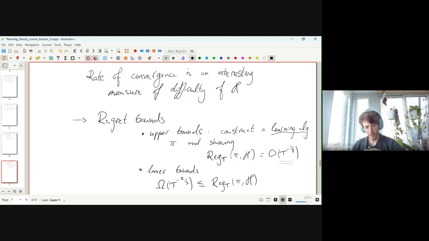And an interesting thing is to try to make the lower bounds and the upper bounds kind of match up with each other.